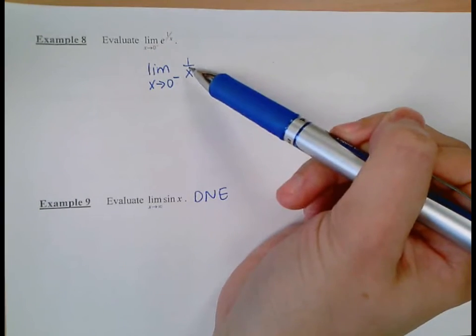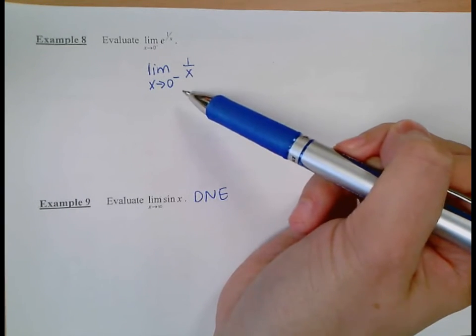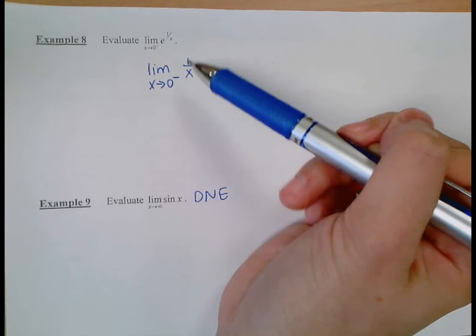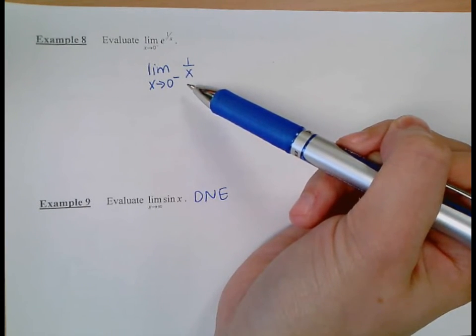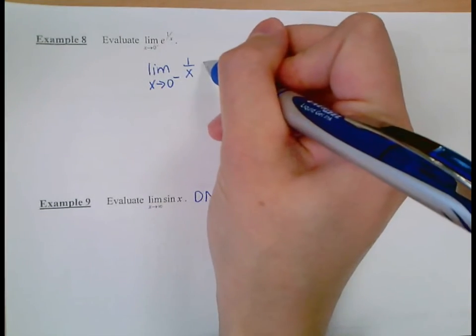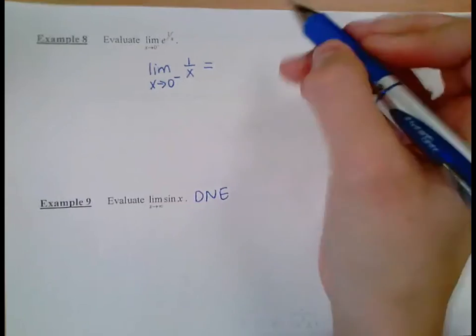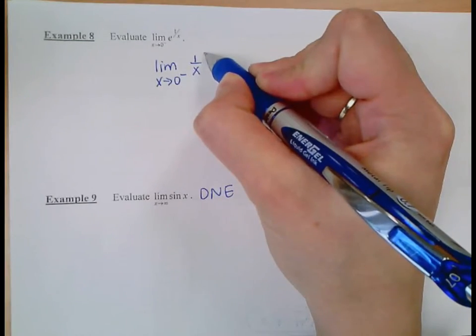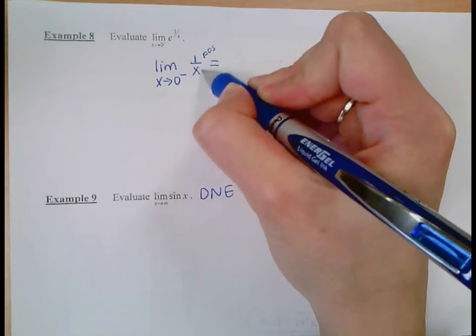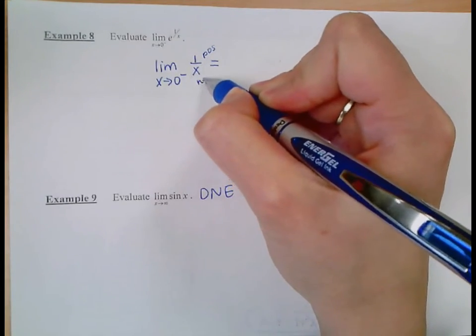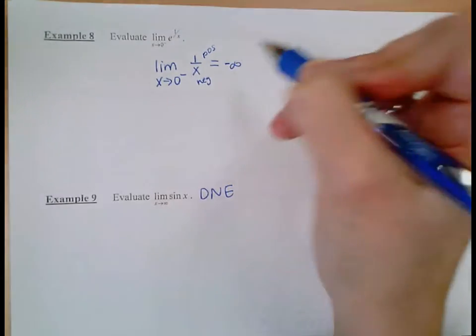So if we plug in 0, we get 1 over 0, which means it is either positive or negative infinity, because 1 over 0 doesn't exist. So the question is, which one is it? If I'm approaching 0 from the right, this is positive. If I'm approaching 0 from the left, this is negative, so it's negative infinity.